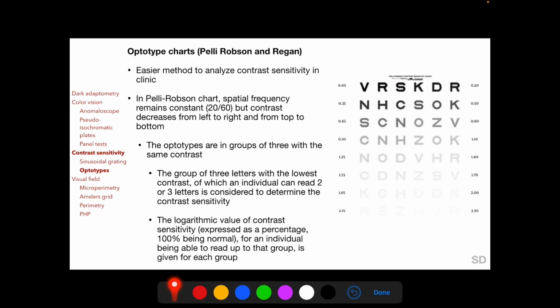And the optotypes are in groups of 3 with the same contrast within a group, and the group with the lowest contrast, of which an individual can read 2 or 3 letters, is considered to determine his or her contrast sensitivity. And the logarithmic value of contrast sensitivity, with the contrast sensitivity expressed as a percentage, with 100% being normal, is given for each group.